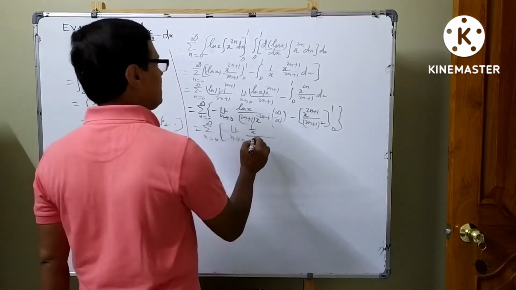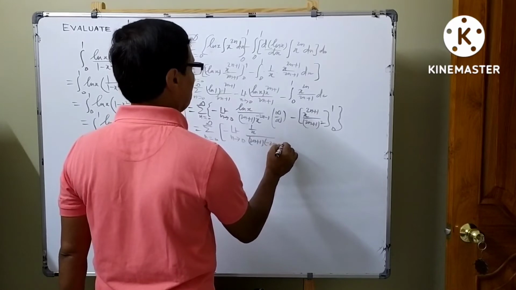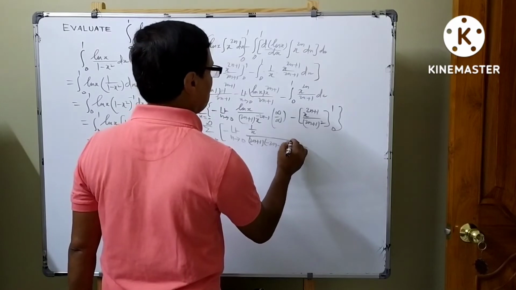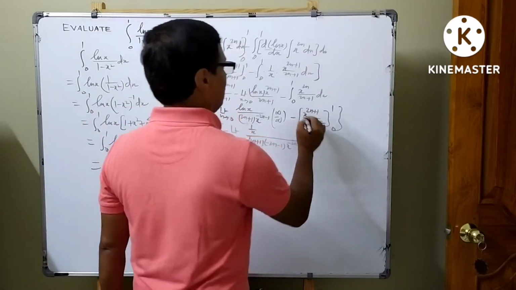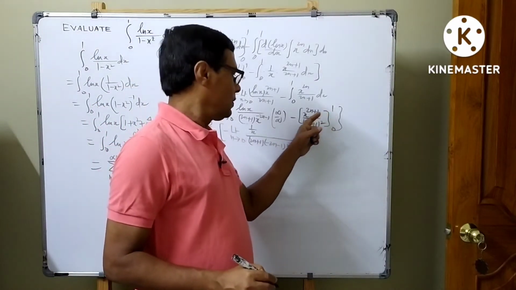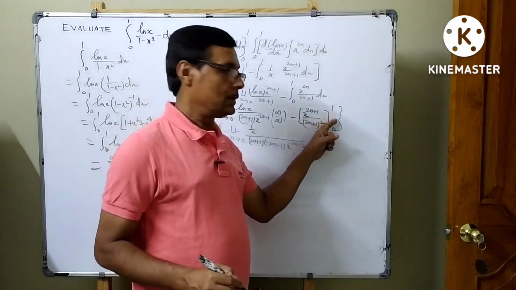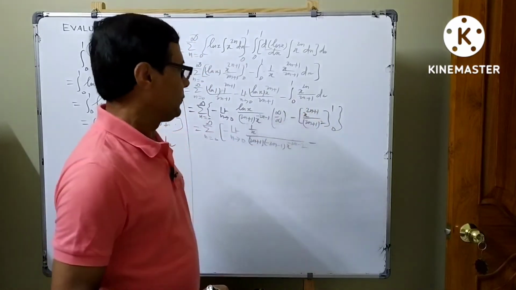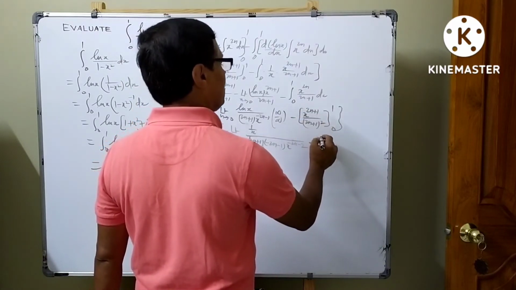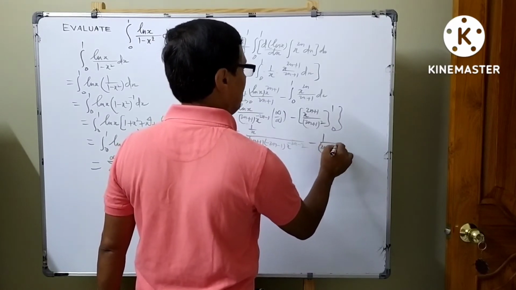The derivative of the denominator is 2n plus 1 times minus 2n minus 1 x to the power minus 2n minus 2. The value of this function at the upper limit is 1 over 2n plus 1 square, and at the lower limit, x equal to 0, is 0. So only minus 1 over 2n plus 1 square remains.